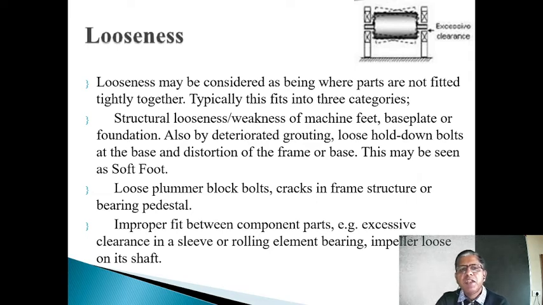Then the next very common cause of machine failure is looseness. Looseness may be considered as being where parts are not fitted tightly together. Typically, this fits into three categories: structural looseness, weakness of machine feet, base plate or foundation, also deteriorating grouting, loose hold down bolts at the base, and distortion of the frame or base.